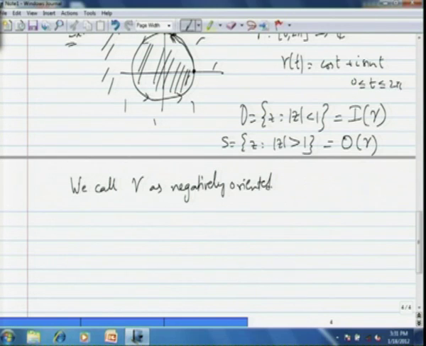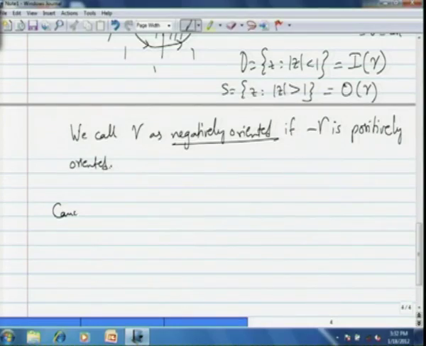Of course, this has to be a simple closed curve. We call gamma negatively oriented if minus gamma is positively oriented. So, that is positive and negative orientation for a simple closed curve.